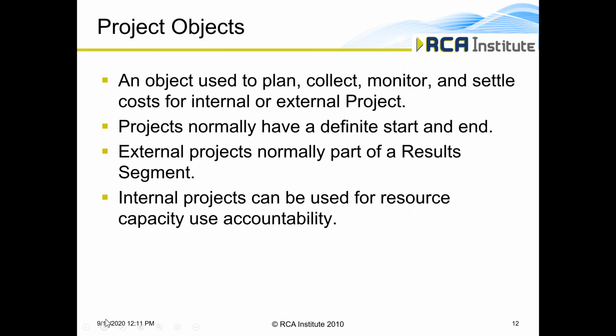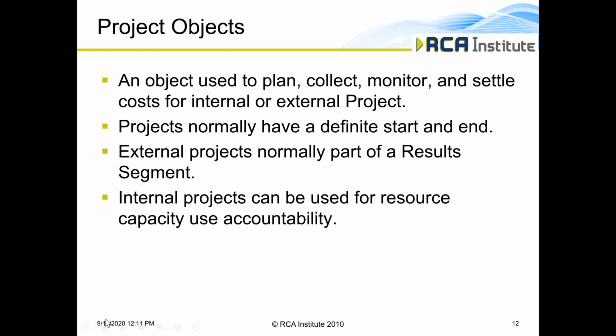And a third type of objective is a project object. They're used to plan, collect, monitor, and settle costs for internal or external projects. Projects normally have a definite start date or an end date. External projects are normally part of a results segment because you're going to measure profitability against those.